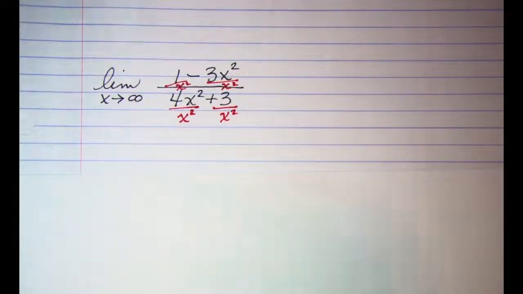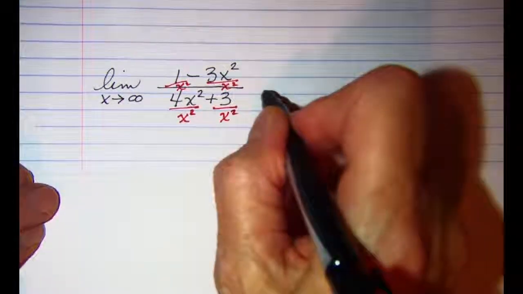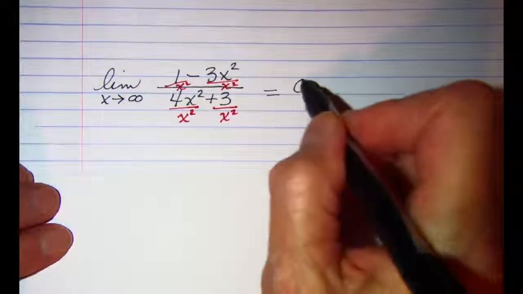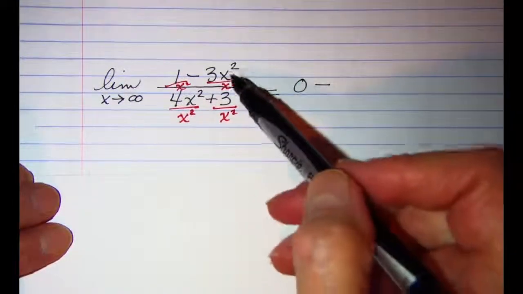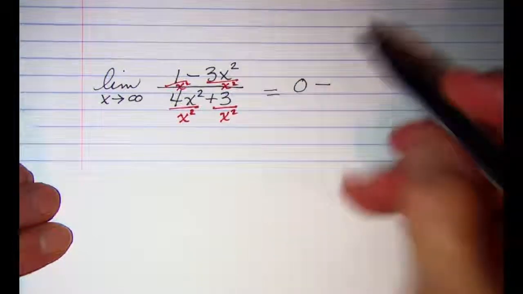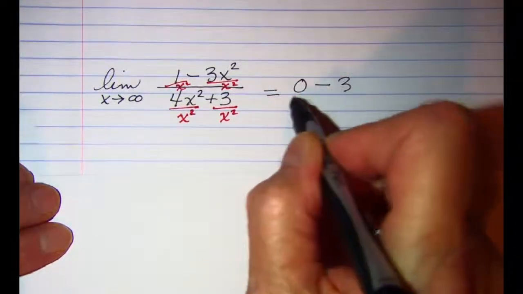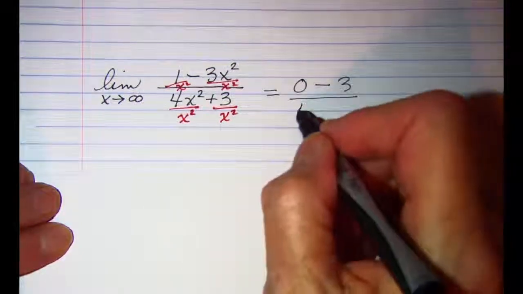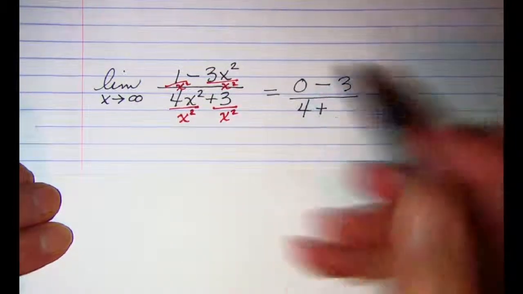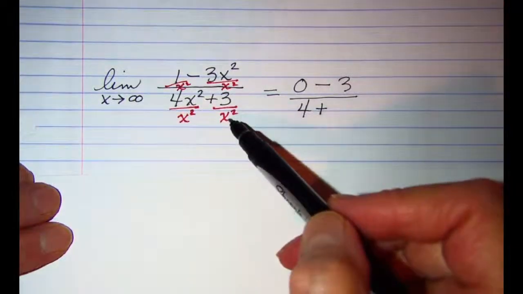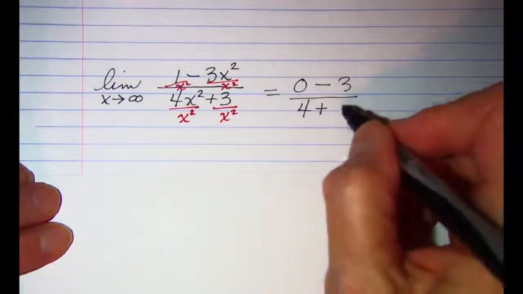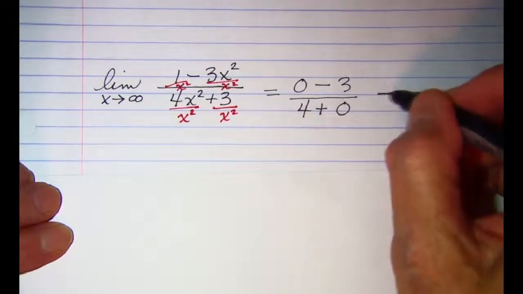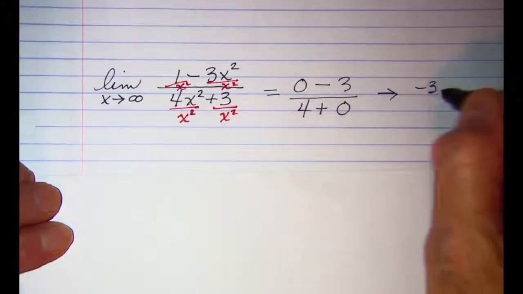And then if I find the limit on this, this will be 0 minus, x squareds cancel here, so I have 3. And this one, the x squareds cancel, and I have 4. And on this one, the limit as x approaches infinity will be 0. So this simplifies to a negative 3/4.